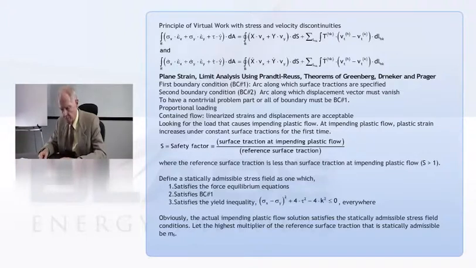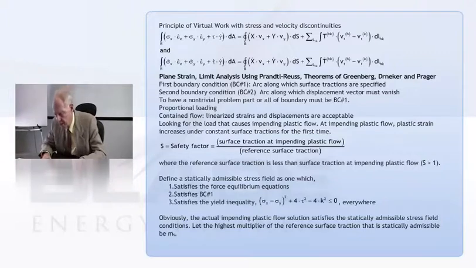And what we're doing is called limit analysis, and there are the theorems of Greenberg, Drucker, and Prager. Greenberg went to work for the government and became some kind of a manager or something, so he never got heard from much again. I've mentioned Prager. Drucker is hard to explain. When you try to Google Drucker, you can't find him. I suspect maybe some of his relatives have taken everything off.